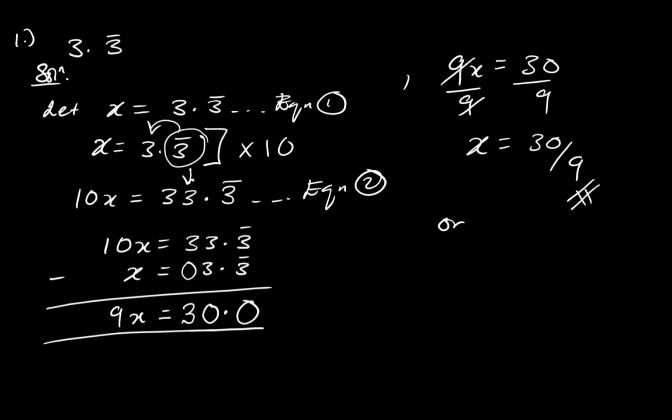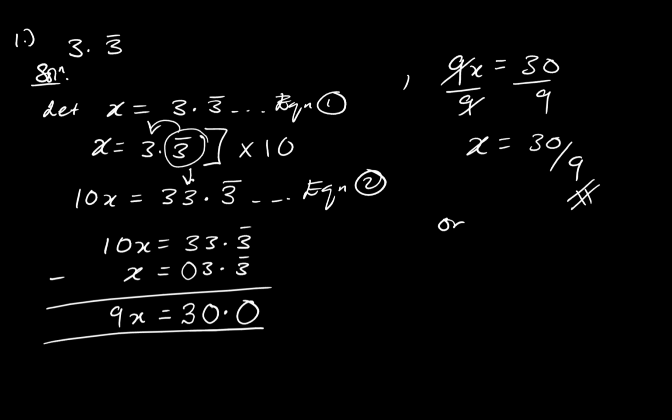Now there are times where they would ask you to express a repeating decimal in the form of a over b, where a and b are integers and are co-prime factors. Now what that implies is that they just want you to put the fraction you have found into its lowest terms.